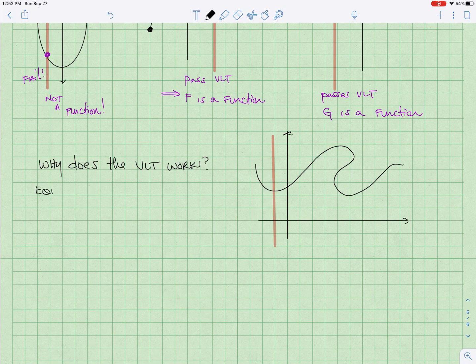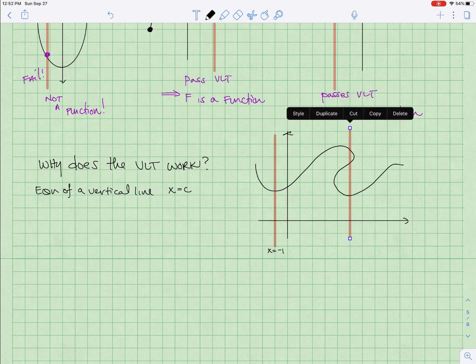Well, the equation of a vertical line is what? Do you guys know? It's of the form x equals c. So this is the line x equals -1. If it was straight. There we go. If I duplicate it here, I'll bring this over here. Something like that. 1, 2, 3, 4, 5.